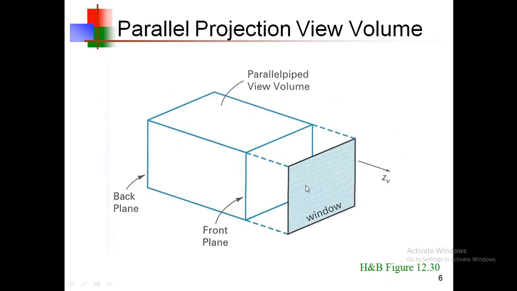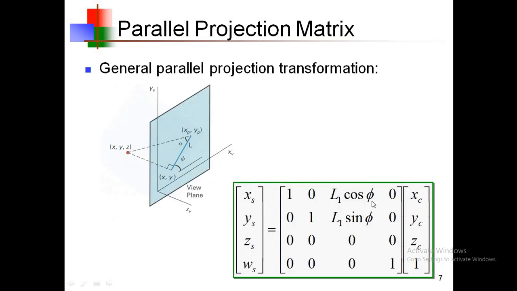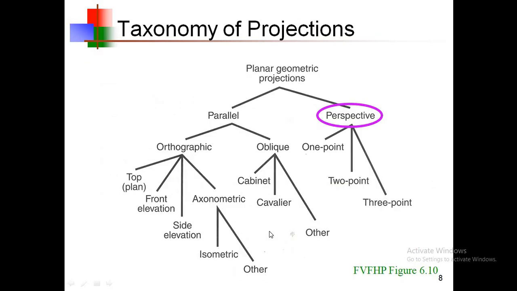In the parallel projection view volume, this is the front plane, this is the back plane, this is the parallelepiped view volume, this is the actual window, and this is the Z axis. The parallel projection matrix we have already derived.